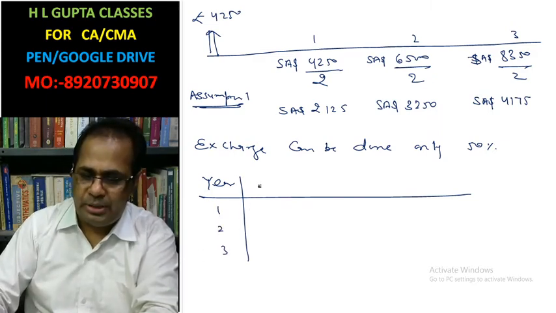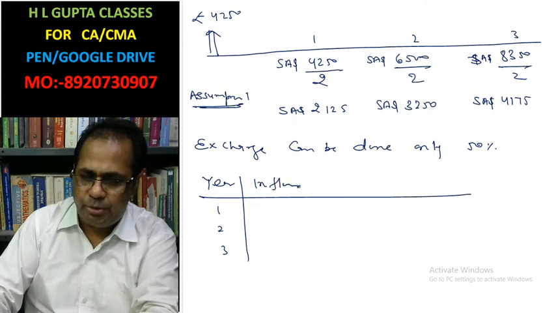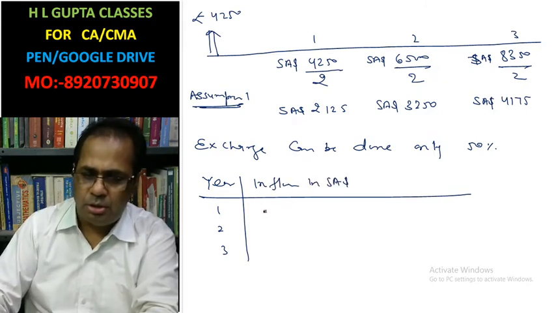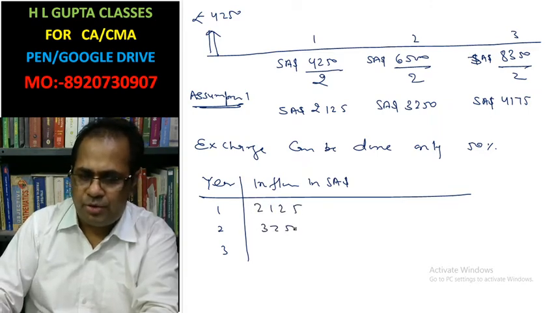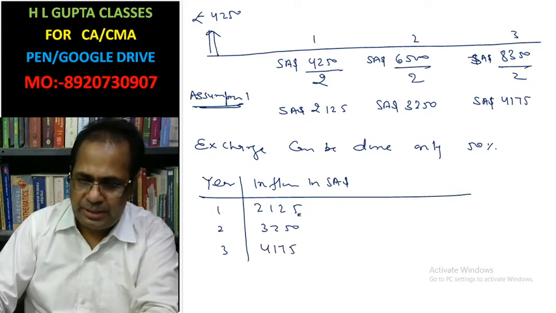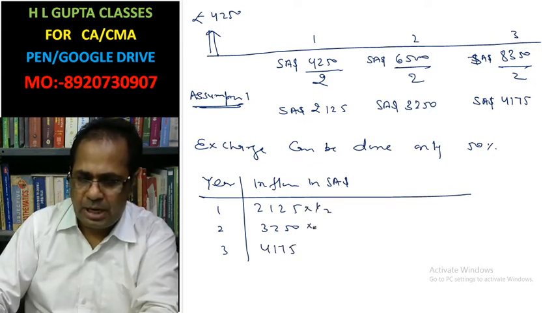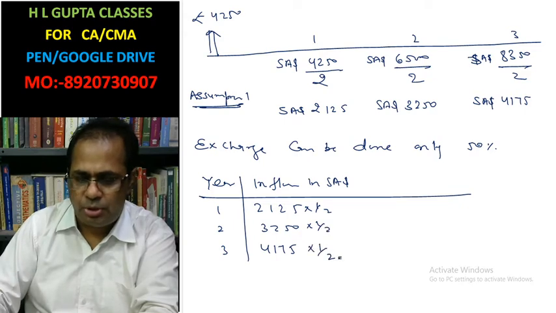Your money inflow in South African dollars is 2125, 3250, 4175. Only half of these you can exchange.